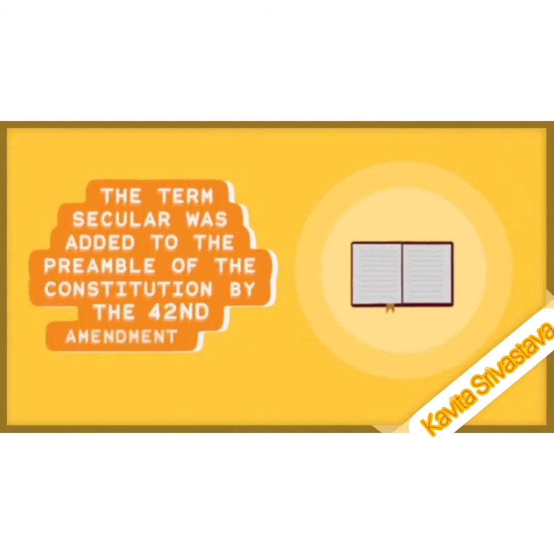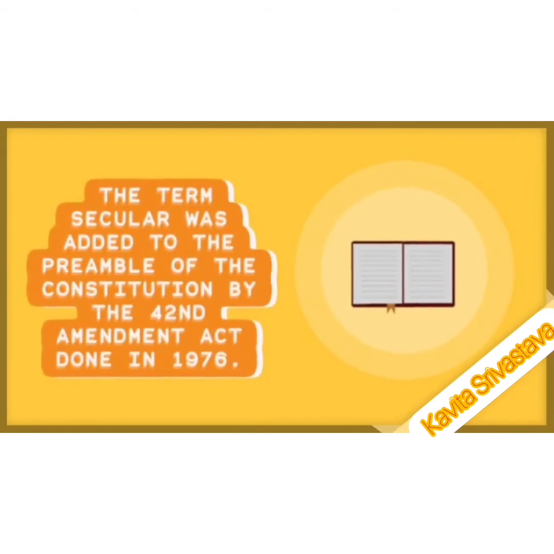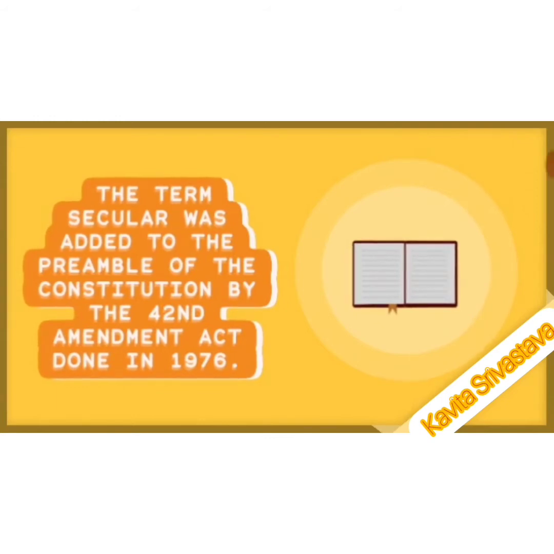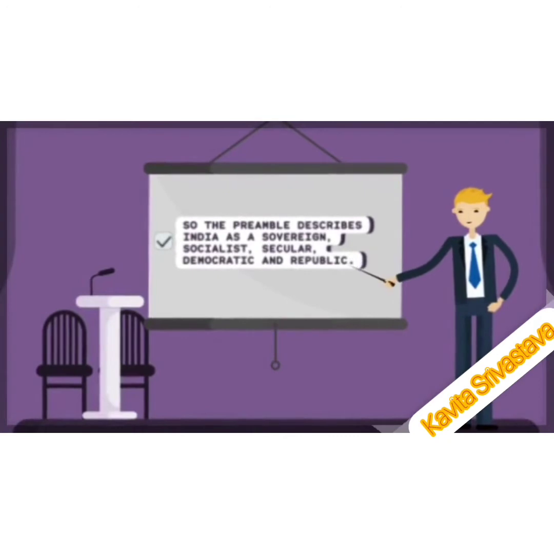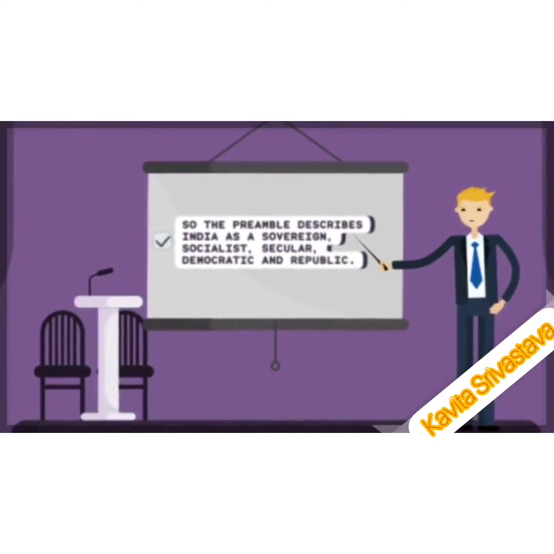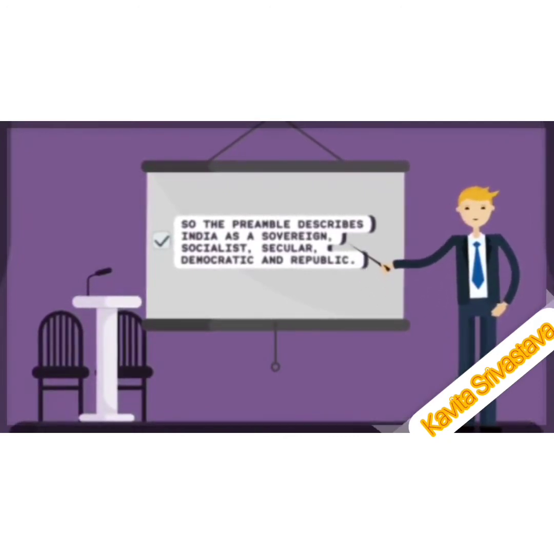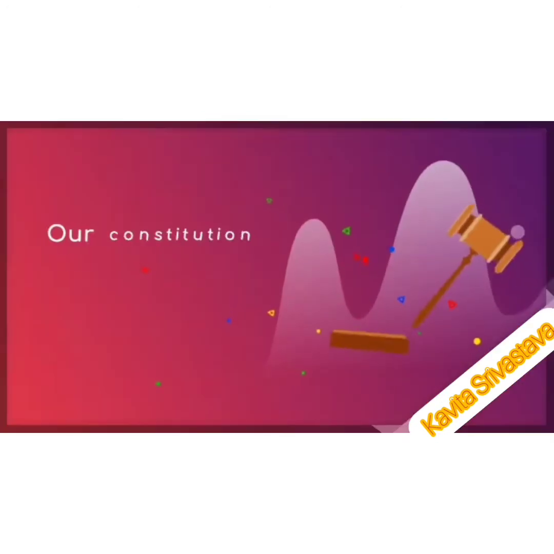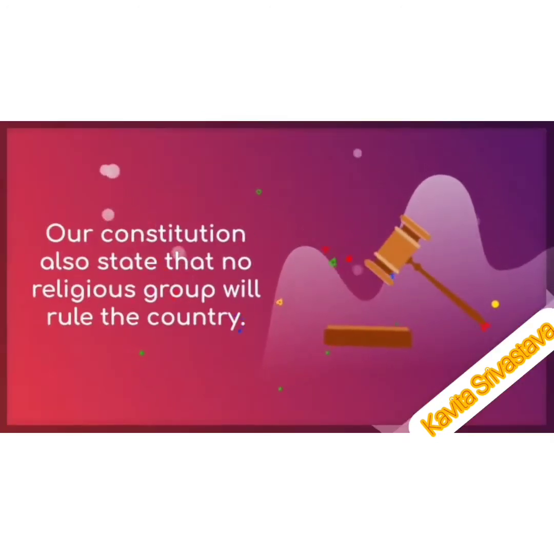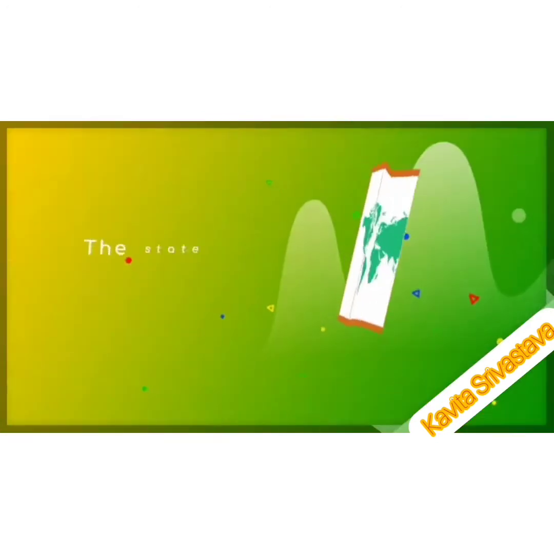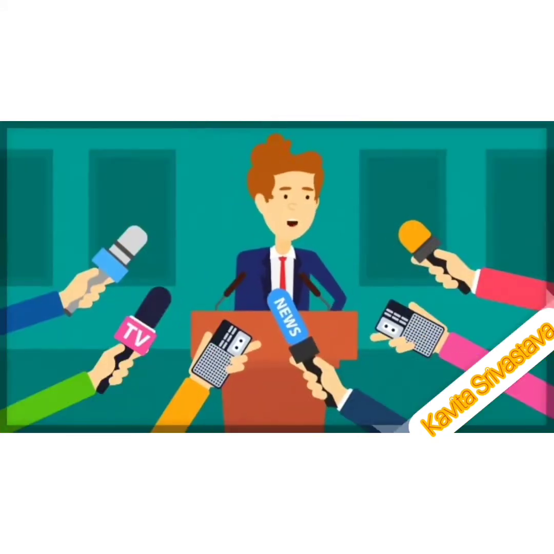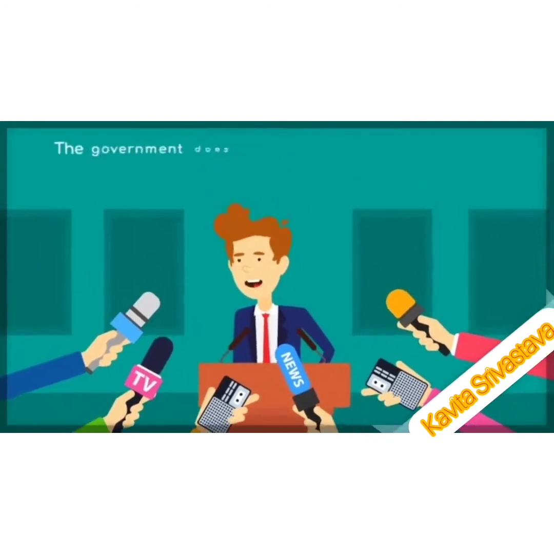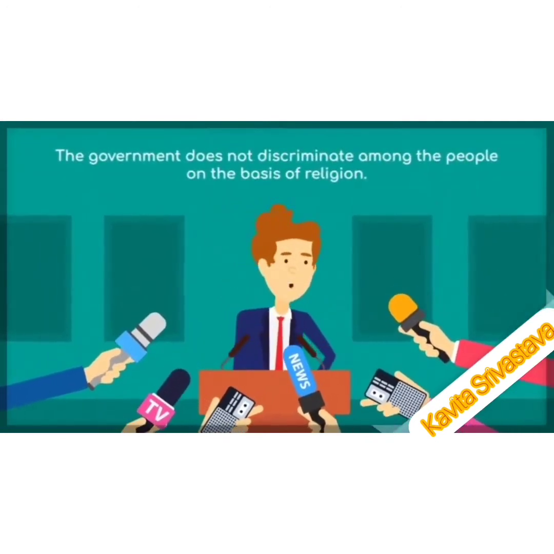So, the preamble describes India as a sovereign, socialist, secular, democratic republic. Even when it was adopted, the Constitution had distinct secular features. Our Constitution also states that no religion is the official religion of our country, and no religion has the right to rule the country.